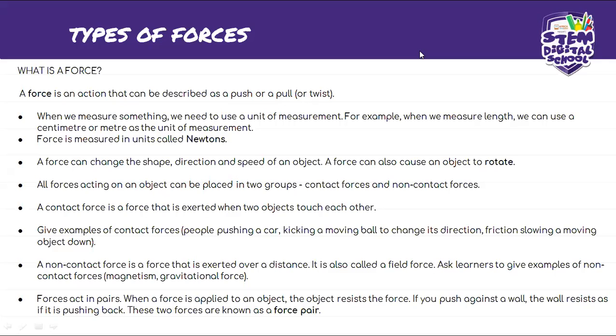Basically, when we say non-contact force, remember we said in contact force the two objects must be in contact. But when we talk of non-contact force, from the term itself, it means there is no contact between the two objects that are interacting.